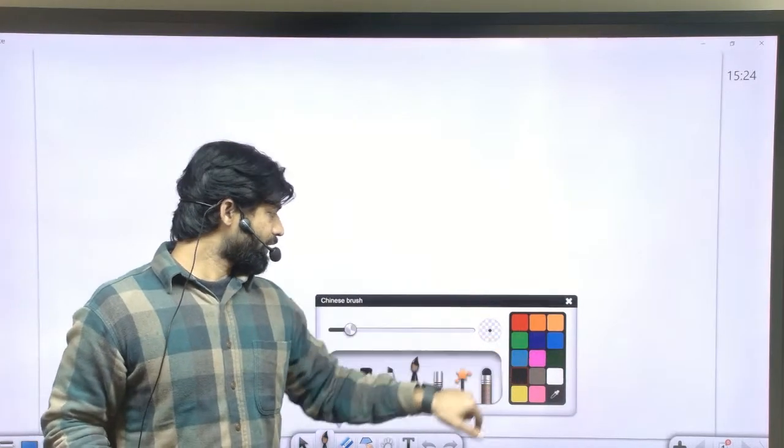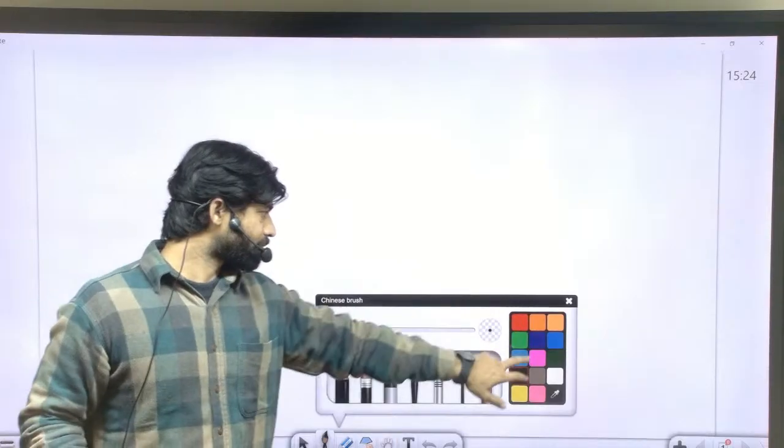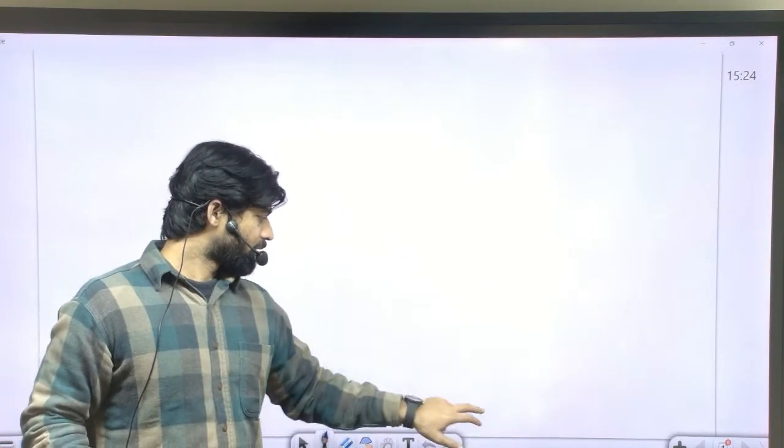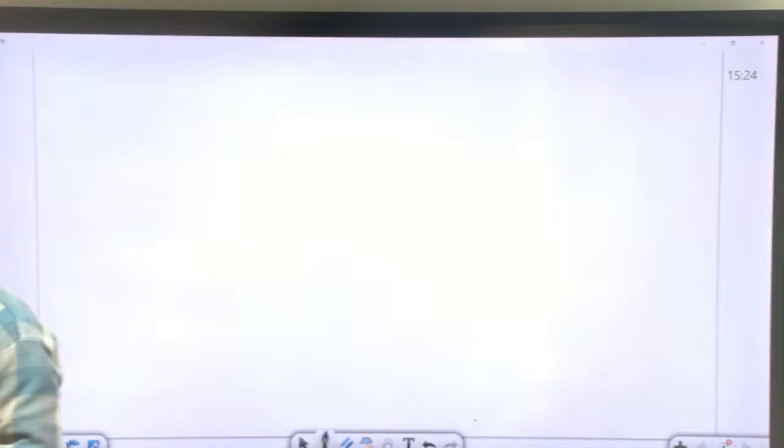Working together, they can complete the same work in how many days? Question is of CGL 2022.